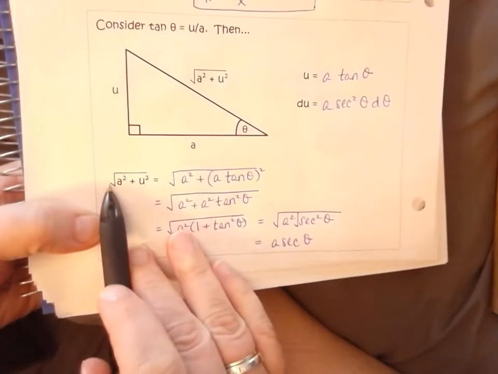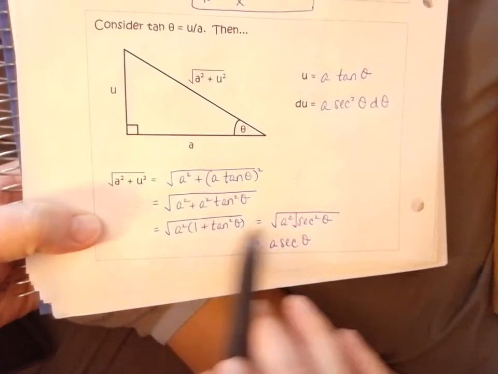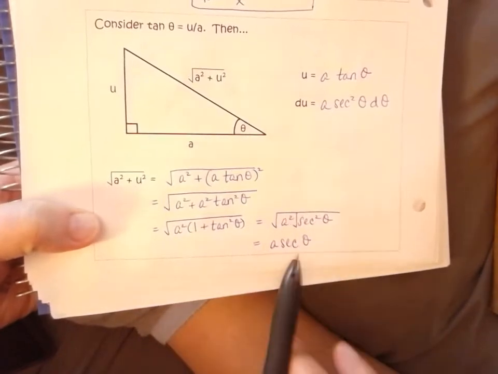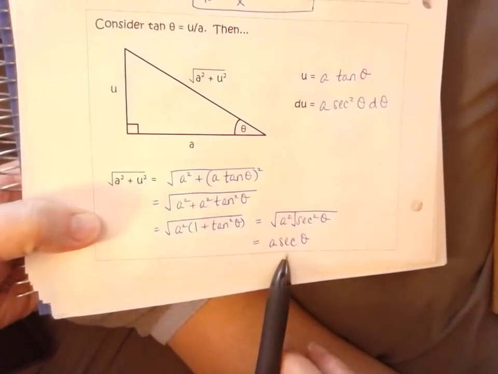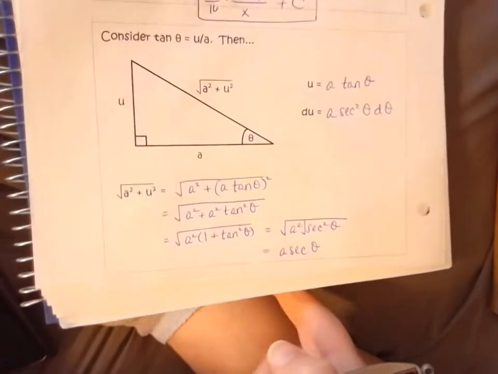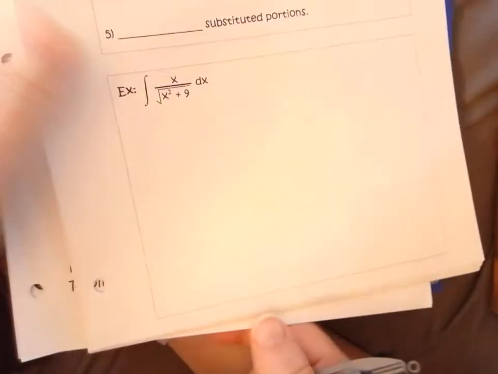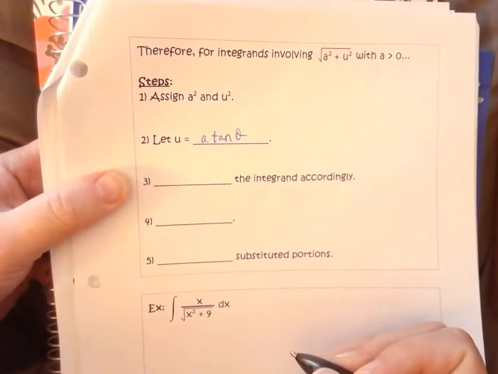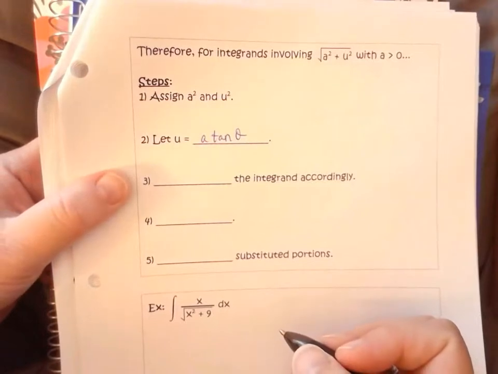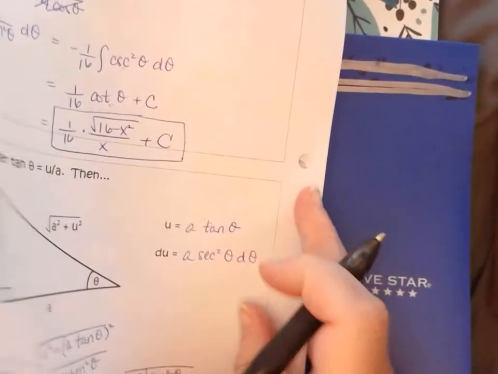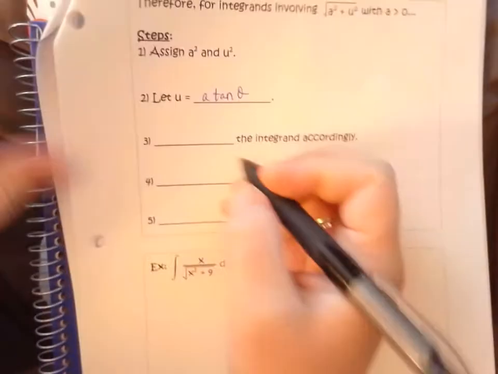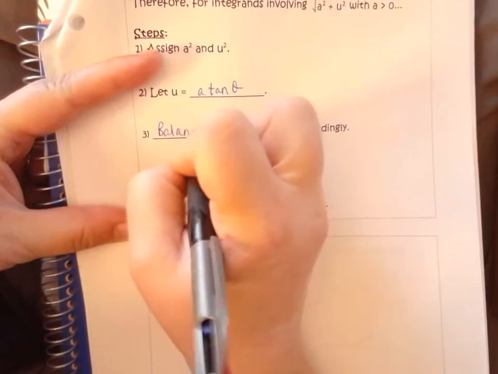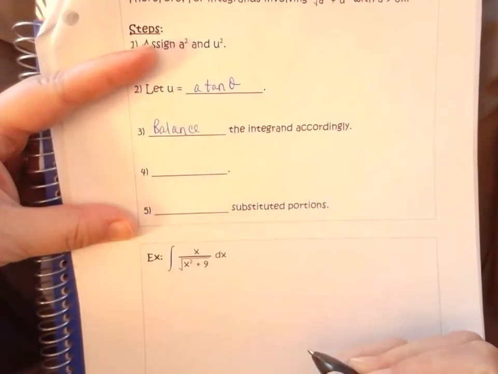Okay, so when we encounter the square root of a squared plus u squared, we can already bypass all of the work and just write a secant theta in its place. Okay, let's see it in action. Just a quick reminder, we're going to let u equal a tan theta. We are going to balance the integrand accordingly.